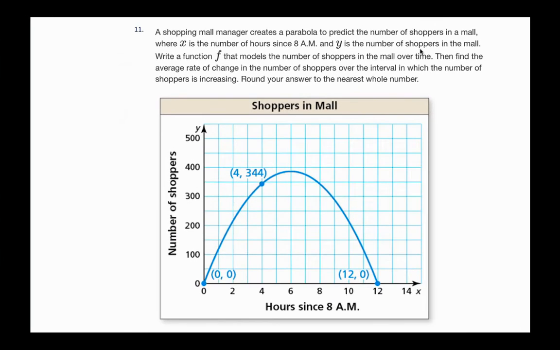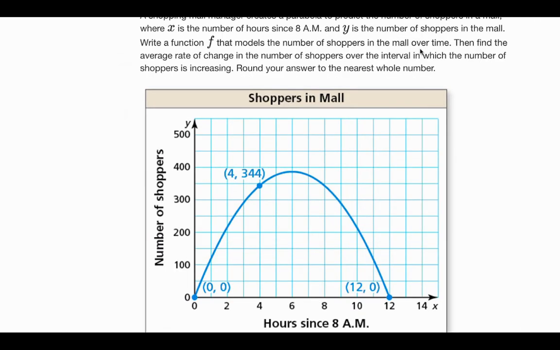All right, so on this one here, again, think, what am I given? I'm given two x-intercepts and a point. So this one, you would use the intercept form. Always think to yourself, which one can I use?